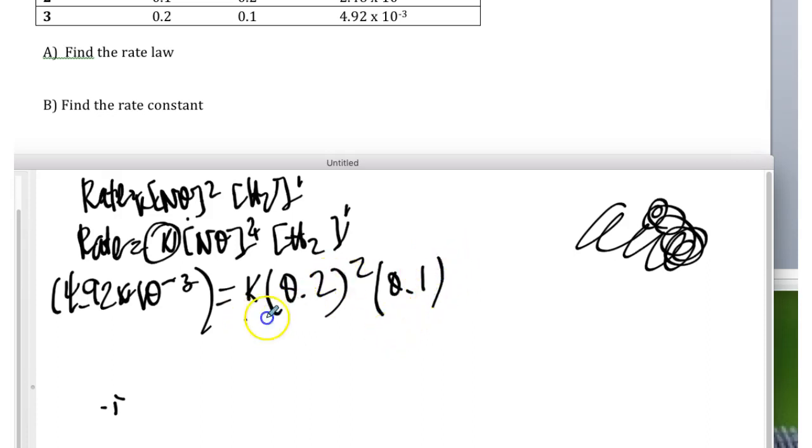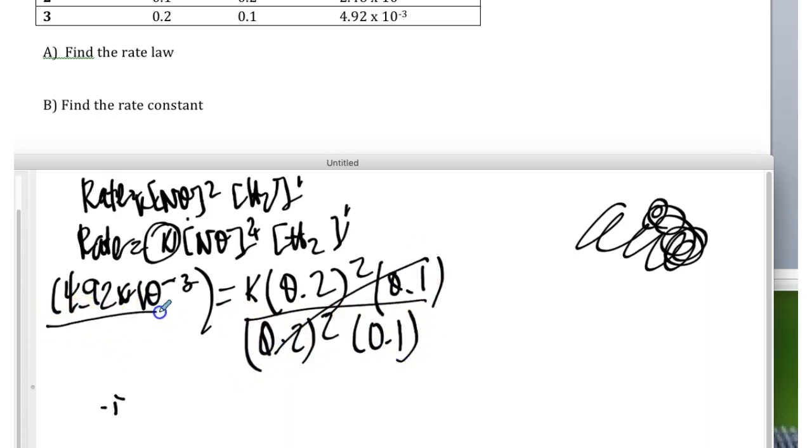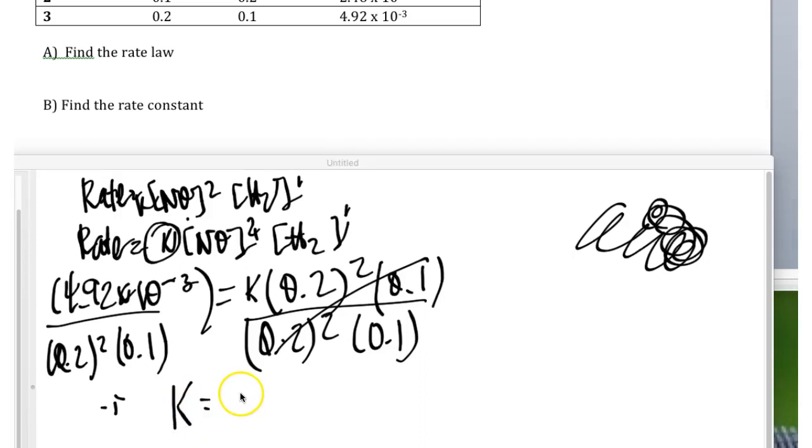Now you solve for k. This is 0.2 squared divided by 0.1, right? You want to get it to the other side. K is going to equal 1.23.